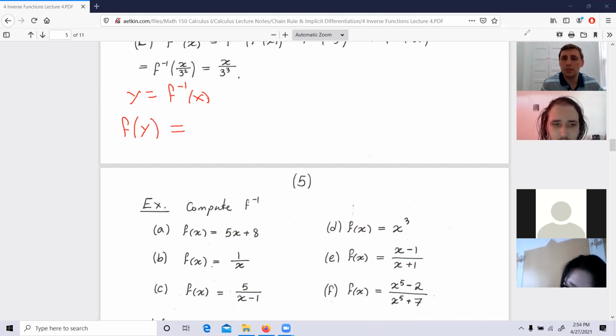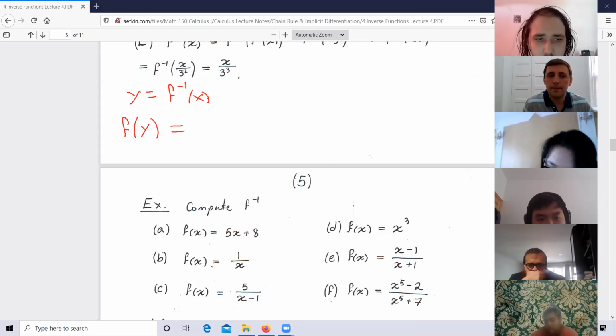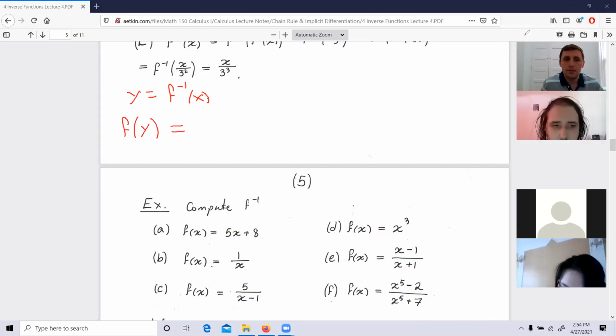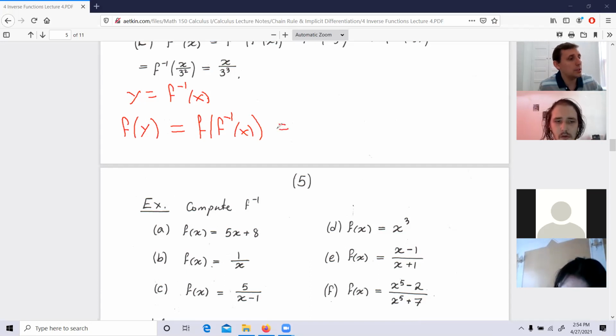Tell me what should be the answer. Y is f inverse of x. So f of y is f of f inverse x, yes?